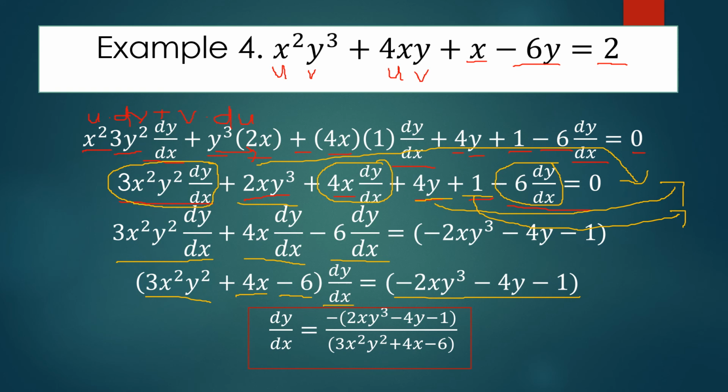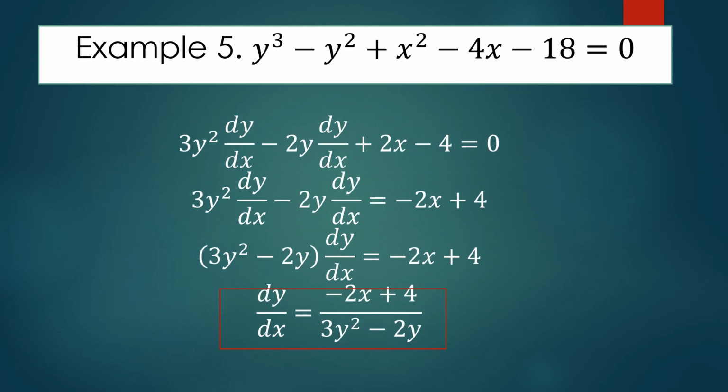So, the value now of dy over dx is equal to, we have negative 2xy cubed minus 4y minus 1 all over 3x squared y squared plus 4x minus 6.